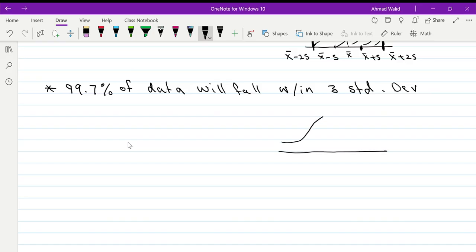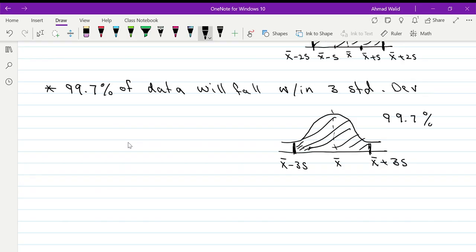This is your normal distribution. For example, this is your X bar. If I mark here X bar plus 3S, 3 standard deviation, and here X bar minus 3S, correct? This area actually represents for you 99.7% of the data will be in this region.